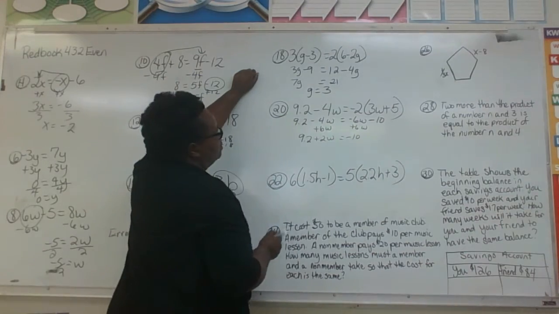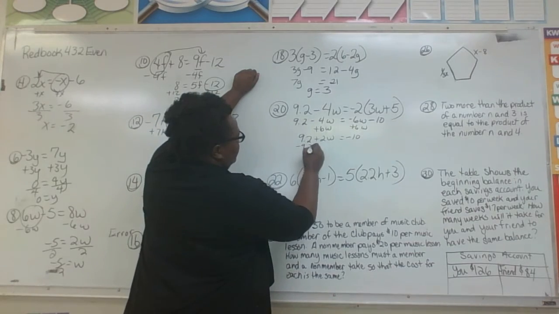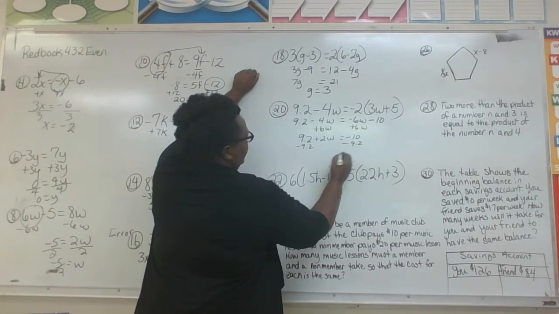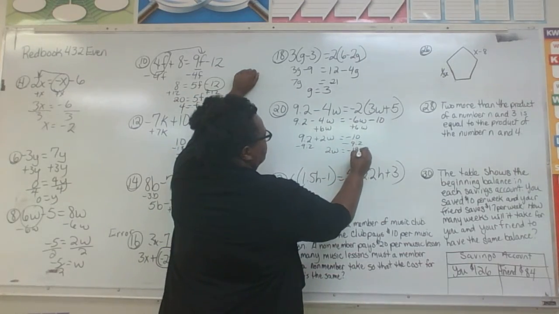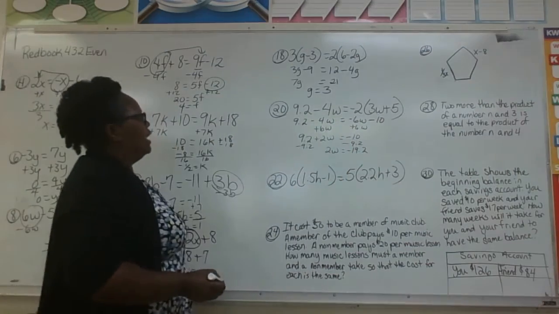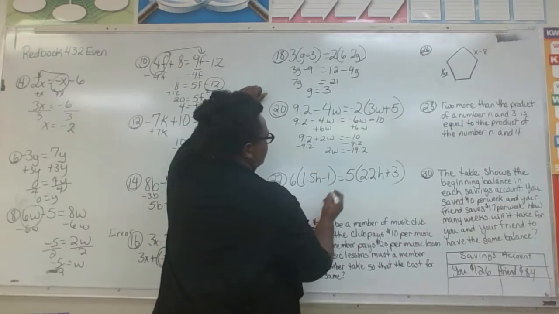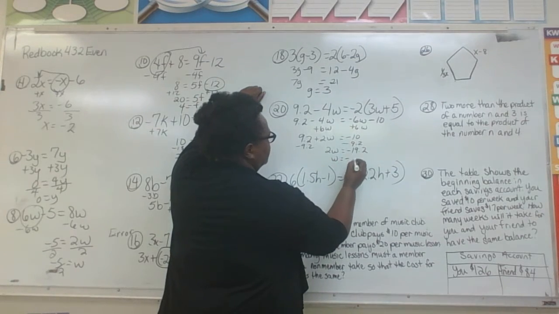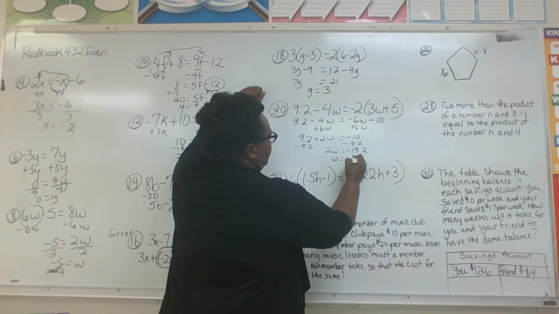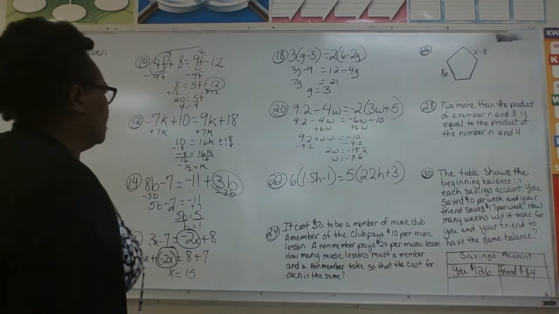All right, now we're going to move the 9.2 by giving the inverse, and therefore 2w is equal to negative 19.2. Okay, at this point we're going to divide both sides by 2, and therefore w is going to be equal to a negative, in this case, 9.6. Okay, any questions?